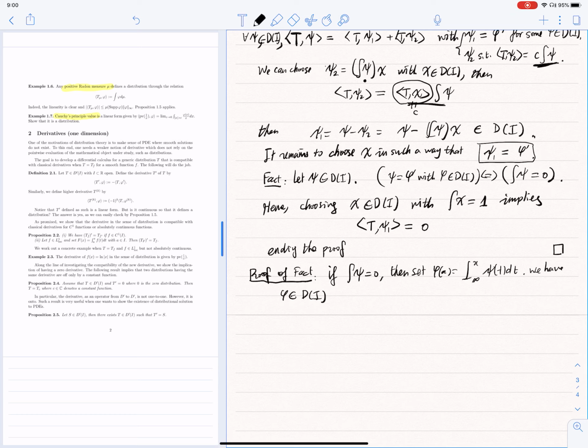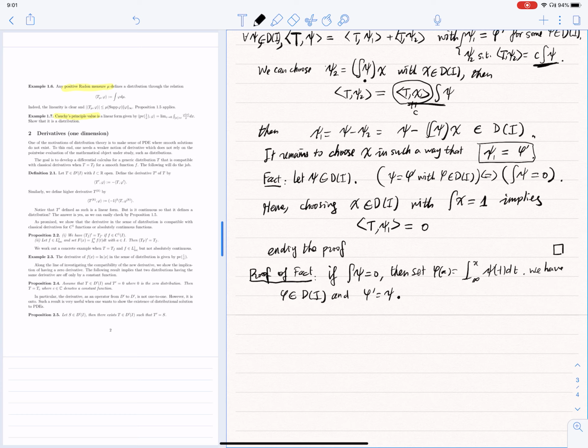When x is very large, larger than the right endpoint of the support of the psi function, then the integral is equal to the integral over the whole real line, which according to the hypothesis equals 0. So when x is small or large, phi is 0, so it has a compact support. And also, it is clear that it is C infinity.